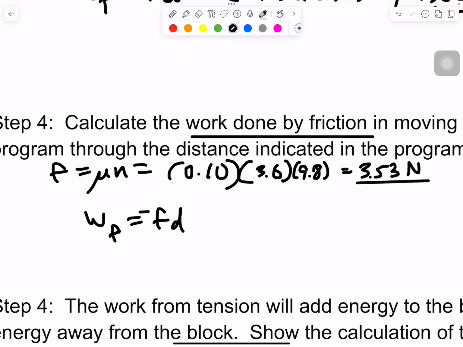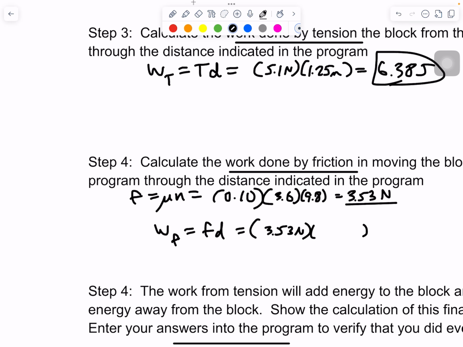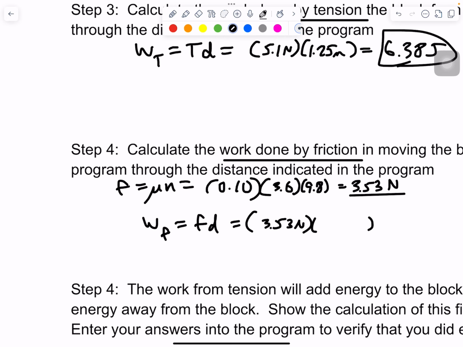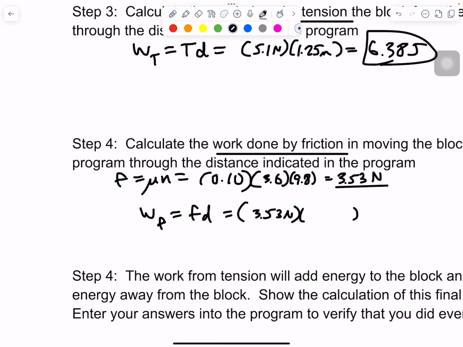times distance. Technically, it's negative friction times distance, but let's not worry about the sign of the value. This distance, 1.25, so it's the same distance.